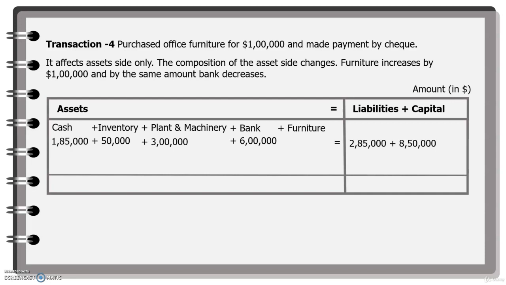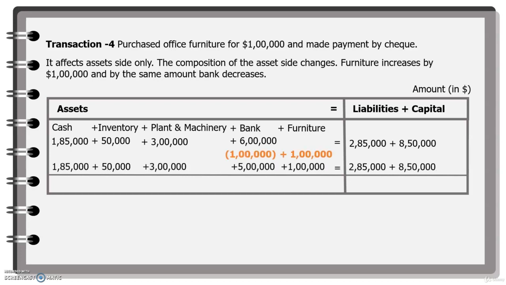Now we have to reduce the bank balance and increase the furniture. So from bank, let's reduce $100,000, and for furniture we'll add that. If you do the totaling, 600,000 minus 100,000, you have $500,000, and furniture, new, $100,000. If you total both sides, it's going to be the same, so your accounting equation is maintained.